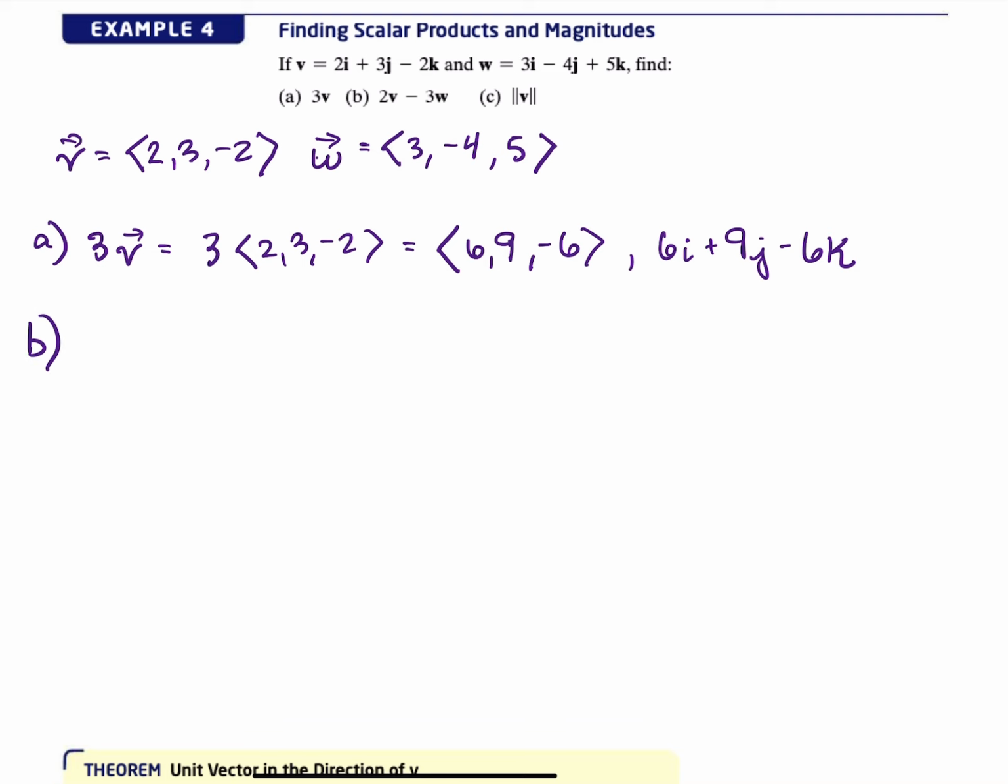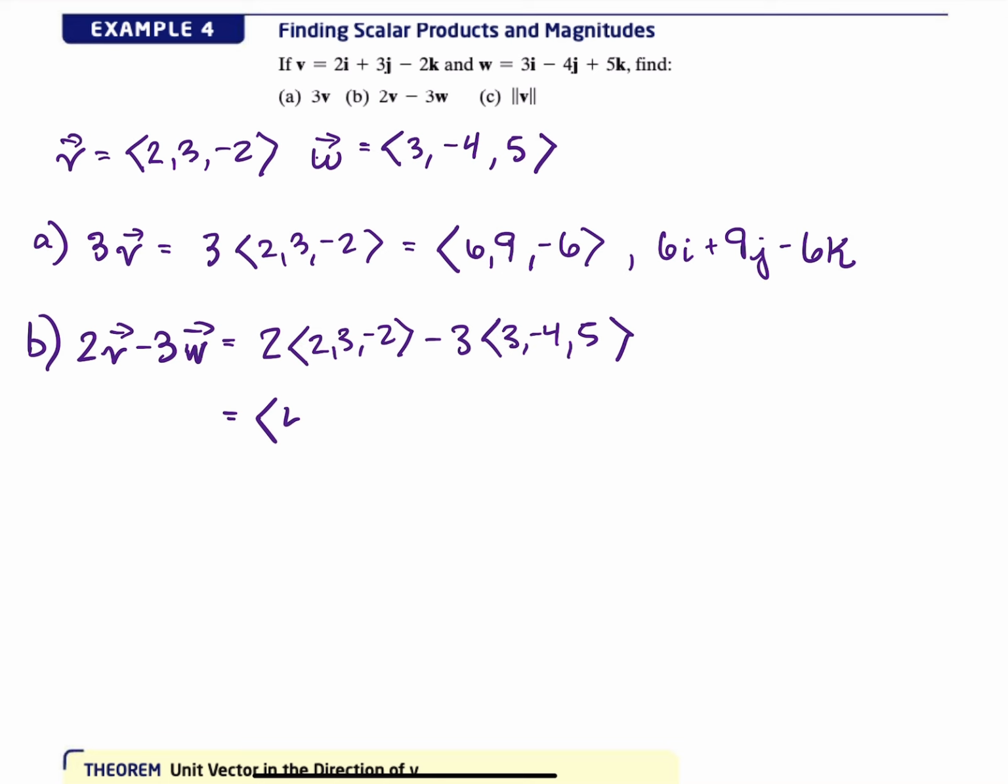Part B wants us to find 2 times vector v minus 3 times vector w. So that's 2 times 2, 3, negative 2, minus 3 times 3, negative 4, 5. So let's scale these two vectors. The first one will give us 4, 6, negative 4. We can say minus 9, negative 12, 15.